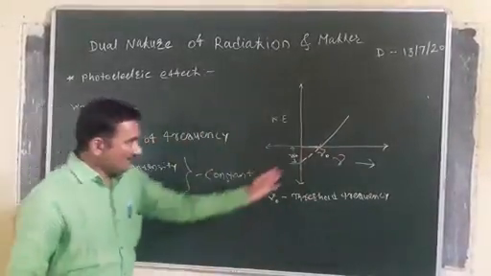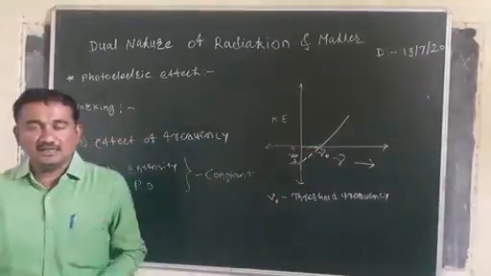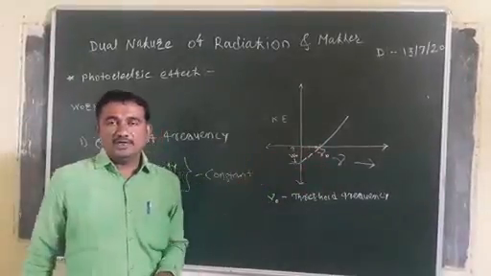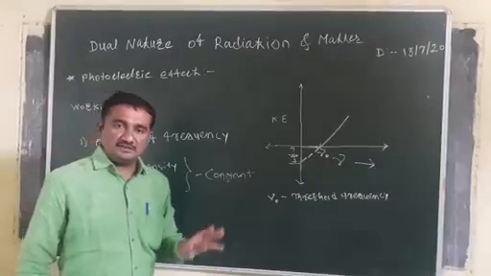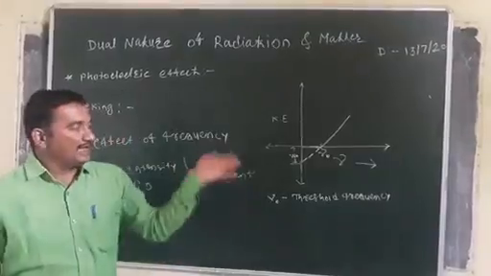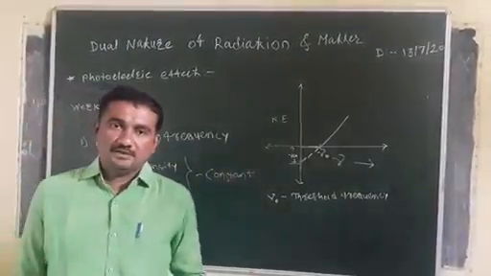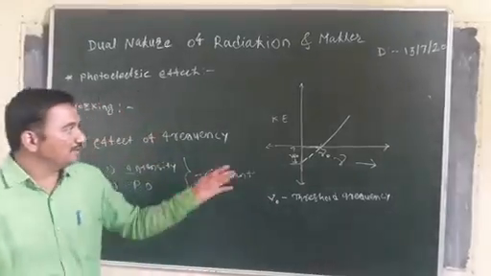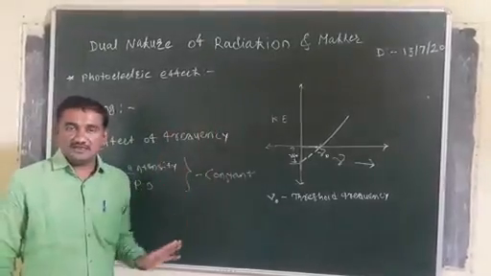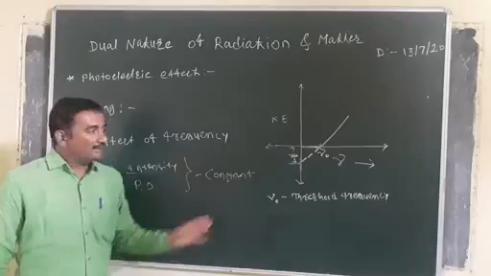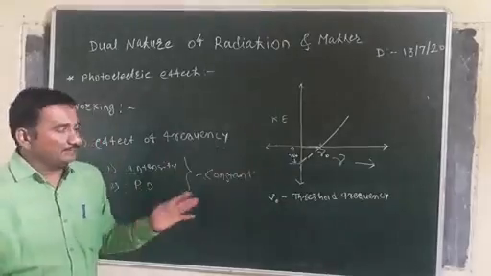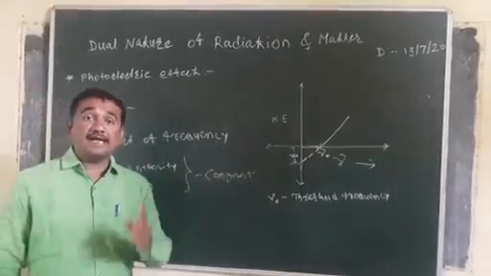But as soon as the incident radiation reaches a certain minimum frequency, that is threshold frequency, photoelectrons are emitted from the metal surface. Different metals have different values of threshold frequency. If the metal changes, the value of threshold frequency changes. And at a single frequency, electrons are emitted with different kinetic energies.